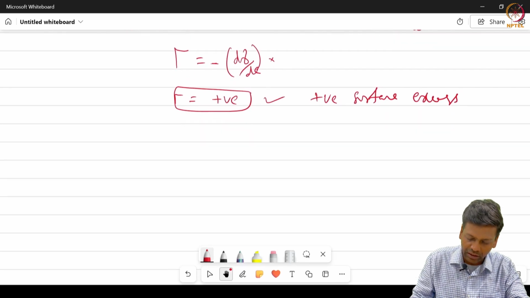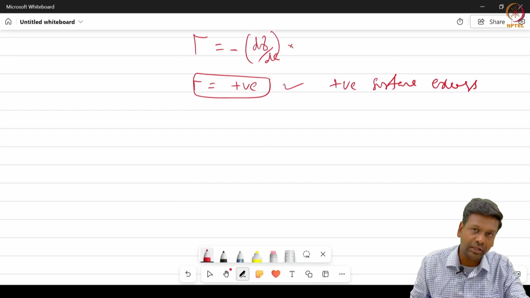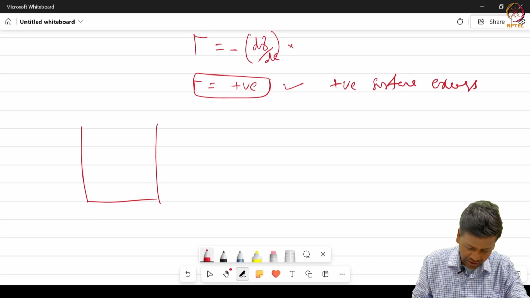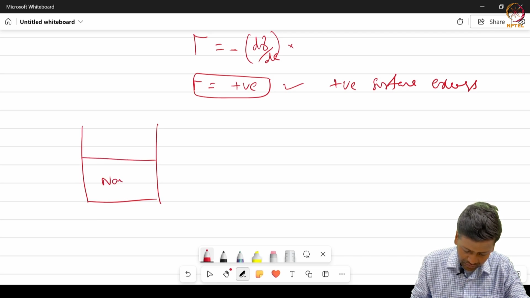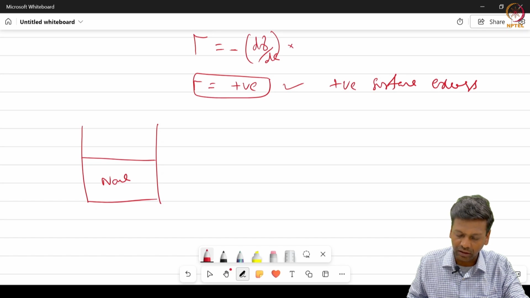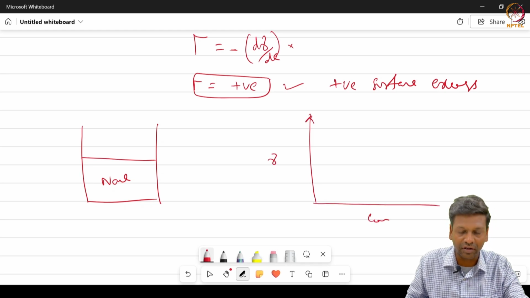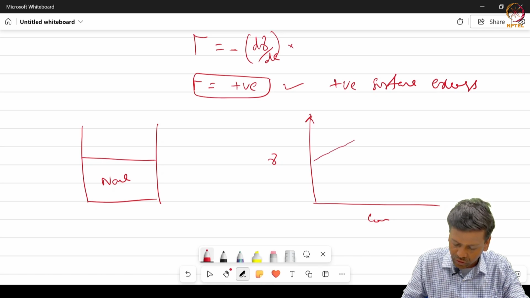But in some other cases, for example when we deal with an inorganic solute like NaCl, one would observe a different behavior. If I measure the surface tension, gamma, as a function of concentration, I would see the surface tension go up.